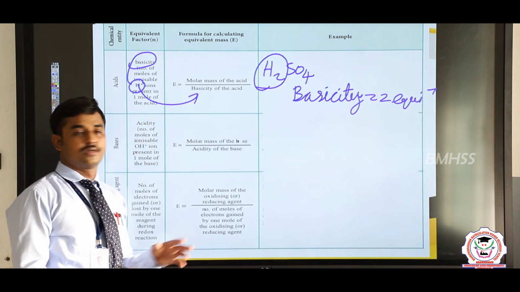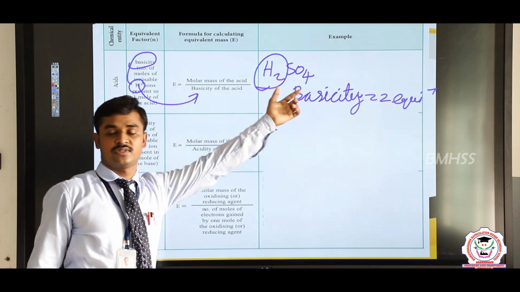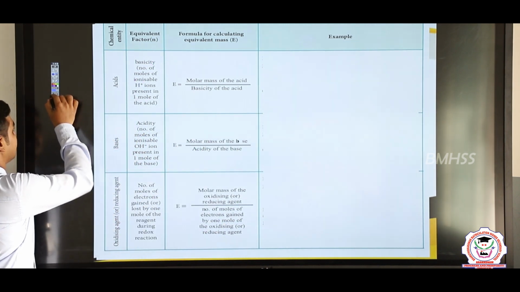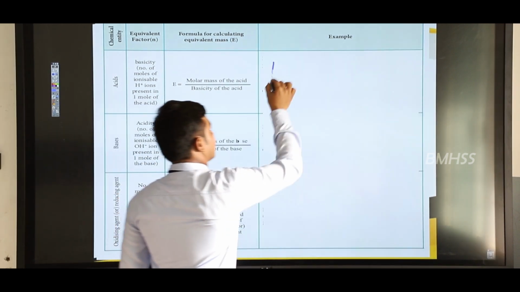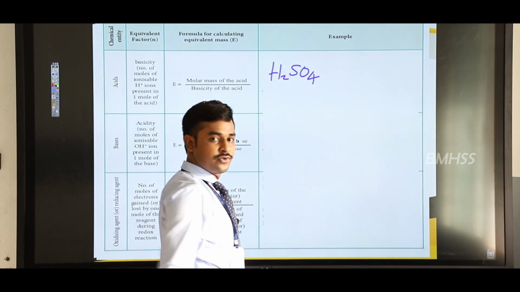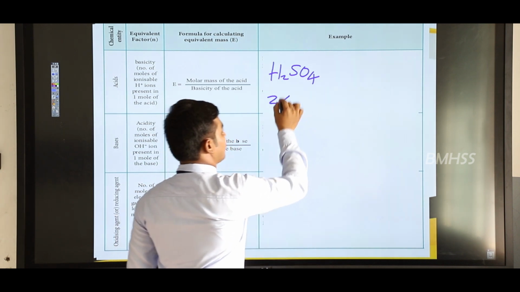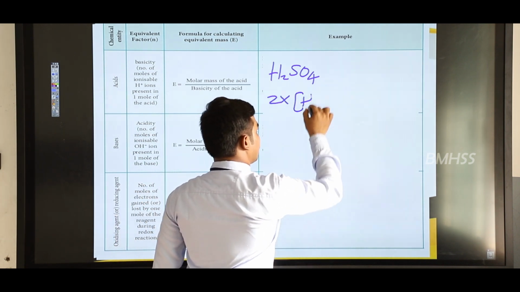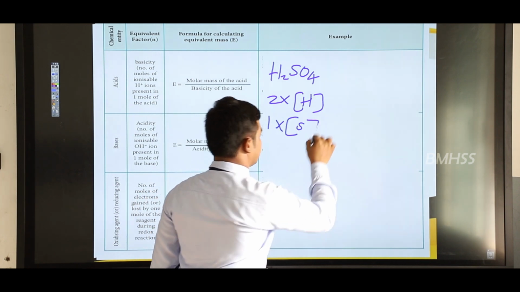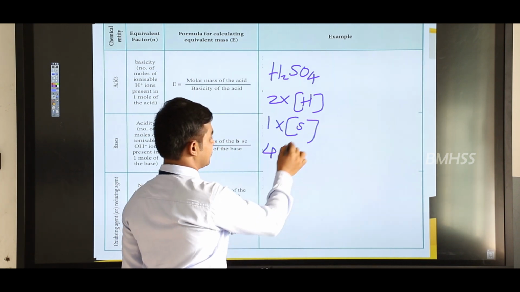So, we need to calculate the molar mass of H2SO4. Now, I will show you how to calculate the molar mass of H2SO4. Our compound has the formula H2SO4 and it contains 2 hydrogens, 1 sulfur, and 4 oxygens.